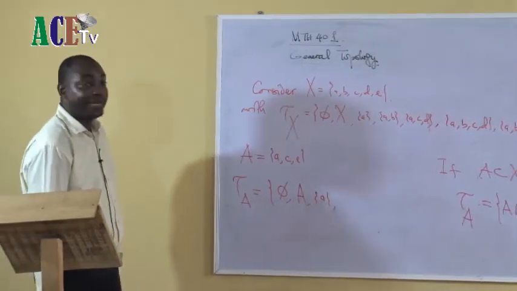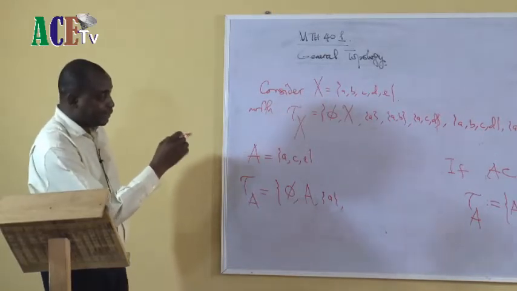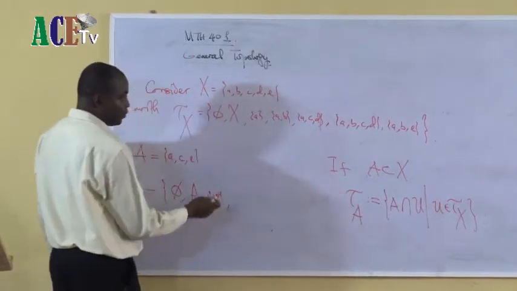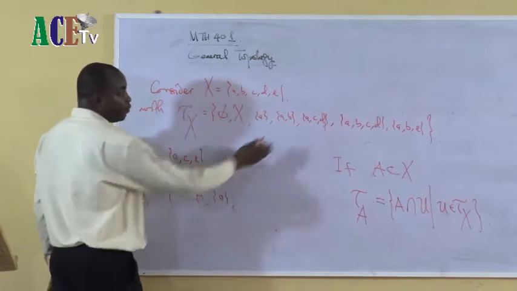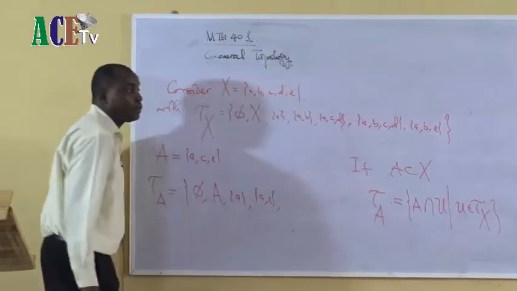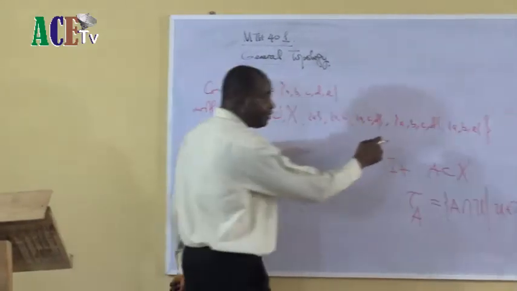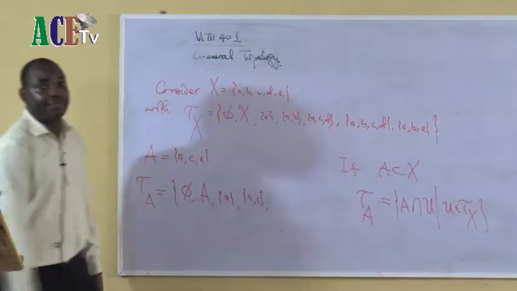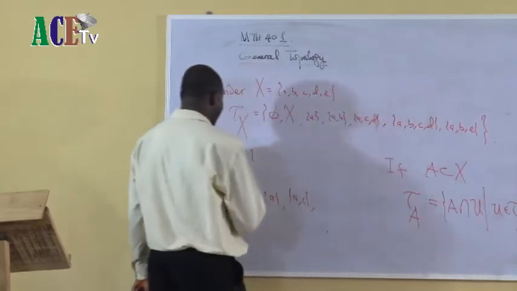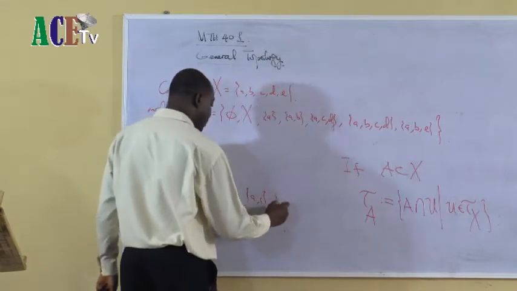Intersection between {a, c, e} and the singleton {a} is still {a}. With {a, b}, still {a}. With {a, c, d}, that is {a, c}. Intersection between {a, c, e} and {a, b, c, d} is still {a, c}. And then intersection between {a, c, e} and {a, b, e}, what is that? That's simply {a, e}.